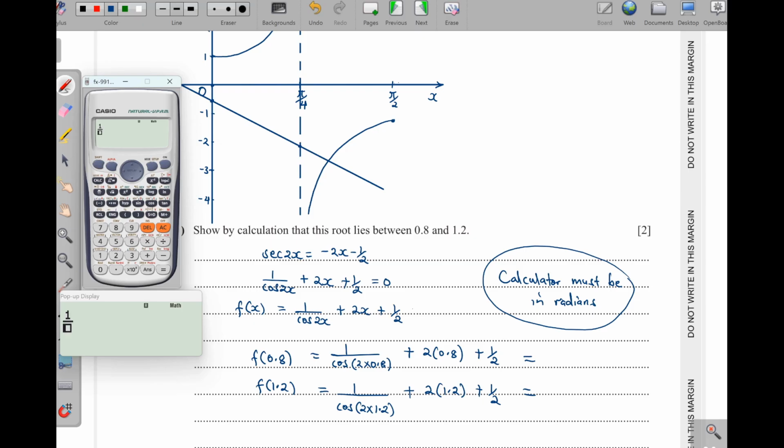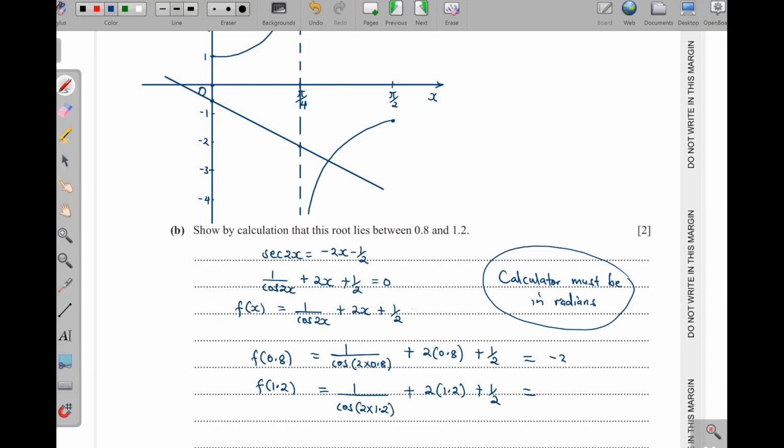We have 1 over cos of 2 times 0.8, plus 2 into 0.8, and then plus 0.5. That is negative 32.1471, and the rest of the figures that come forth.